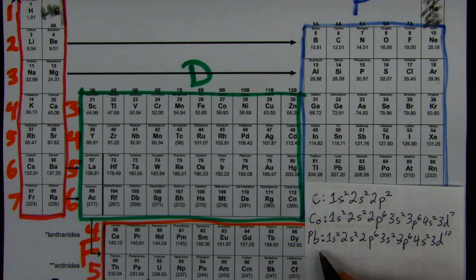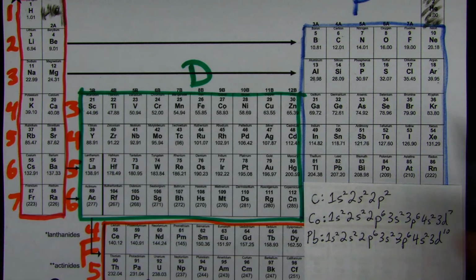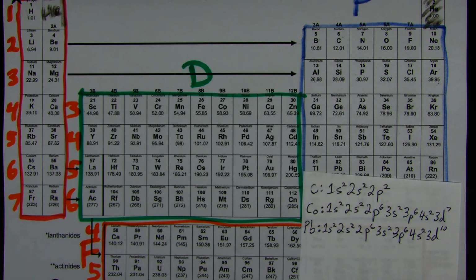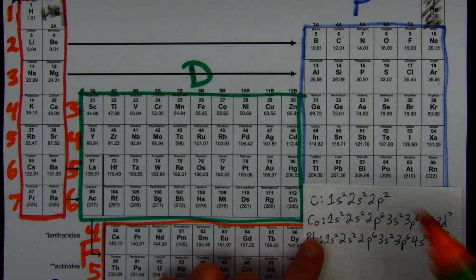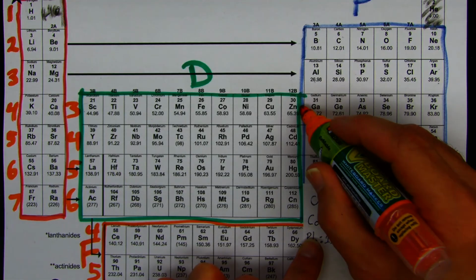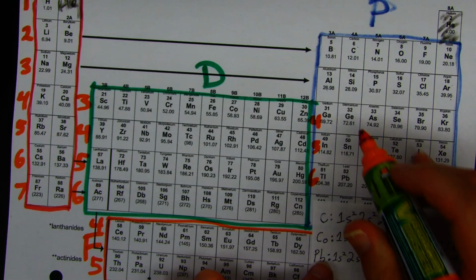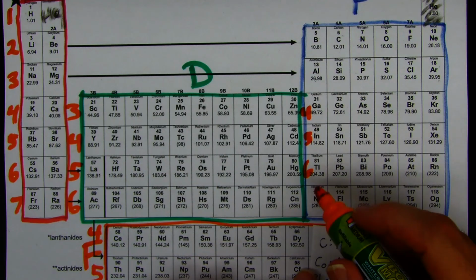So after the D block, we go back to 4. I forgot to write that down. We should go back to the 4 here. So when we go back to the P, we're going to go back to the original numbers. So 4, 5, 6, and 7.